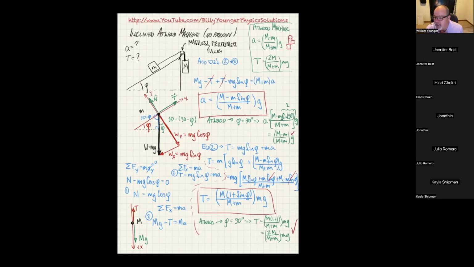So you end up getting mg plus m times a. That's why the apparent weight increases when you're accelerating upward. Now, if you wait till you get near the top, all that time while you're passing numerous floors, you're moving at a constant velocity, so your apparent weight would just go back to your normal weight.